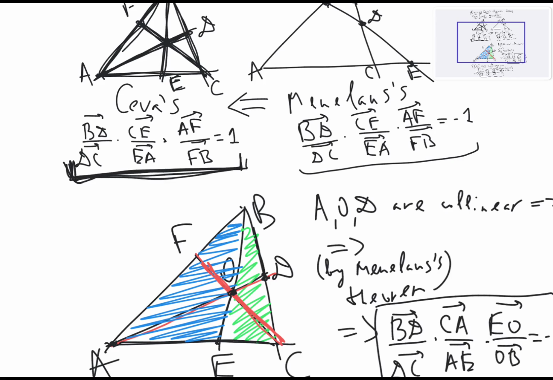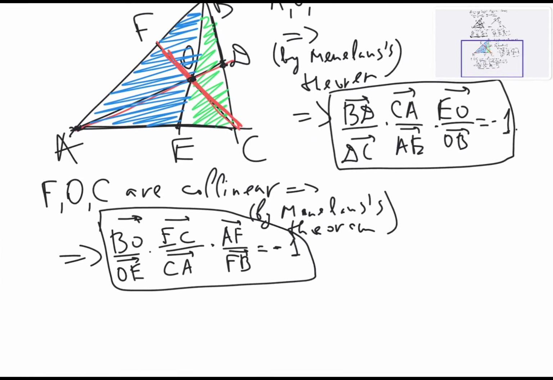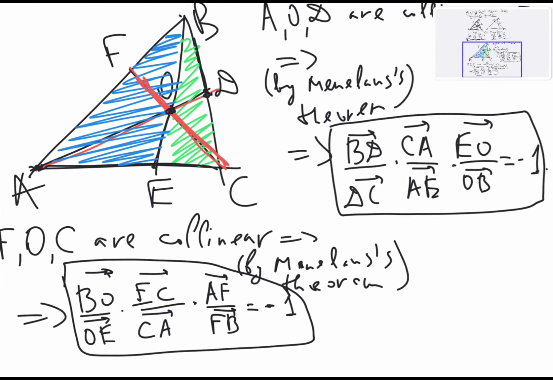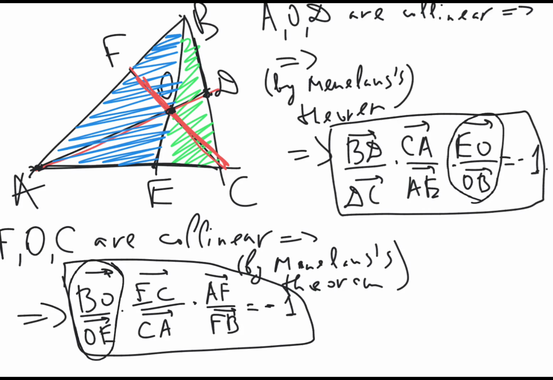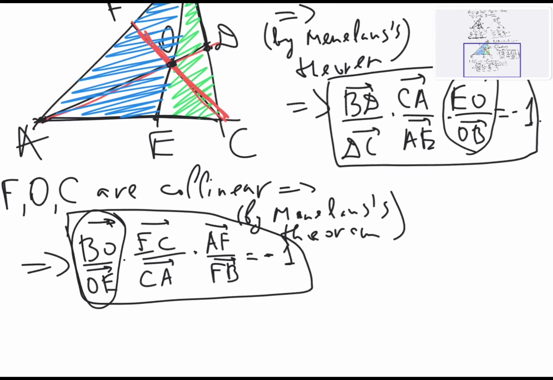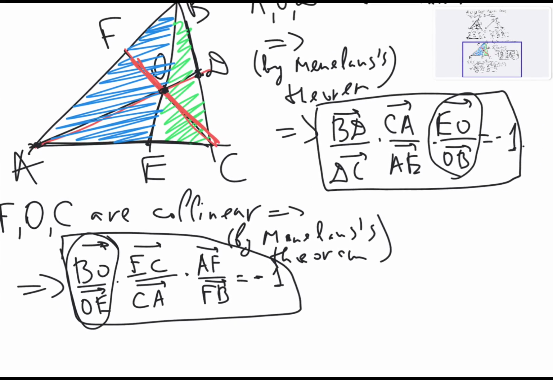There is no point O here in this equality, so we need to get rid basically of this and of this. All other ratios are those that occur in the statement that we need. But these two, notice that they're almost equal to each other. So here we have EO over OB, and here we have BO over OE.